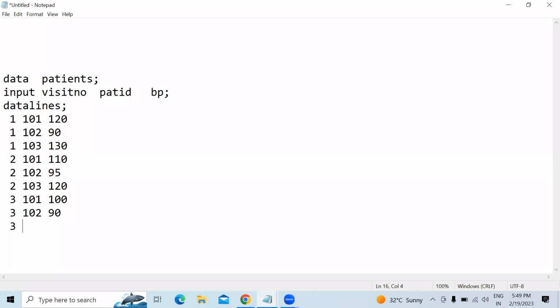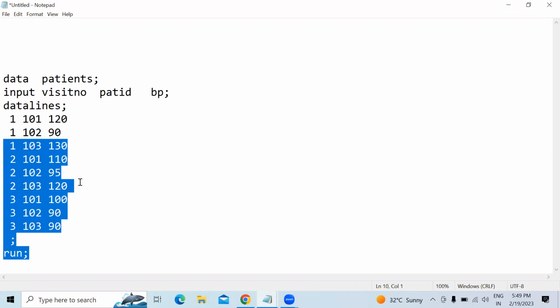Again, the last record I am taking here for 103. Previously 100, now I am making it 90. So this is the statement for the data set creation. Let's keep this data and run it in SAS.